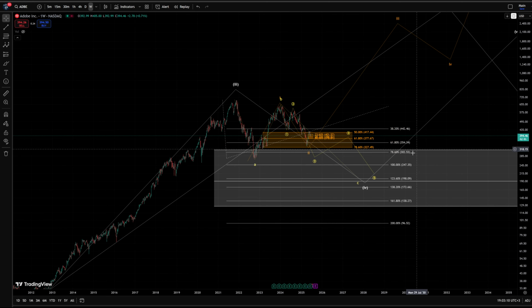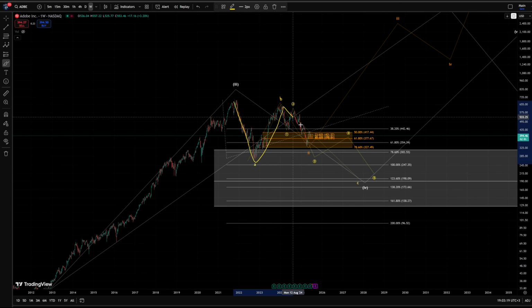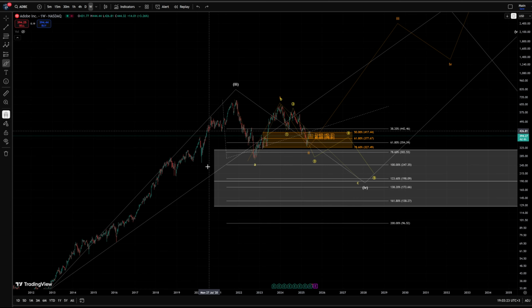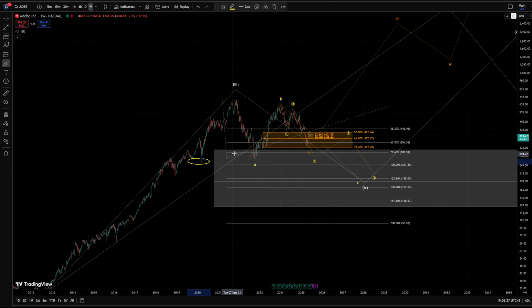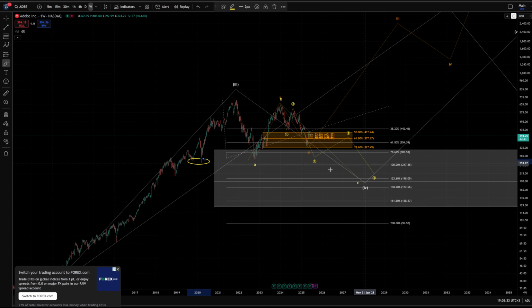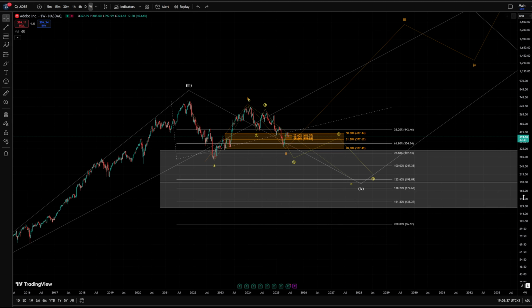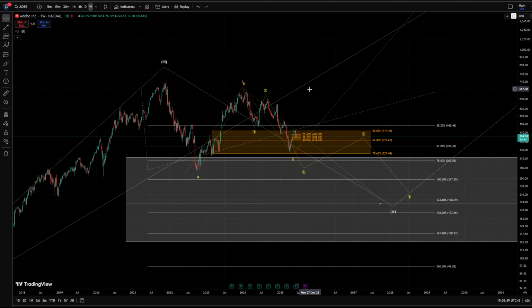The ideal target for the C wave here would be the 100% extension of the A wave, which is right here at $247. It is right below some price action support zone, and yeah, sure, we might hit this and react directly before reaching the 100% extension. We can see more on that when we get closer to it.